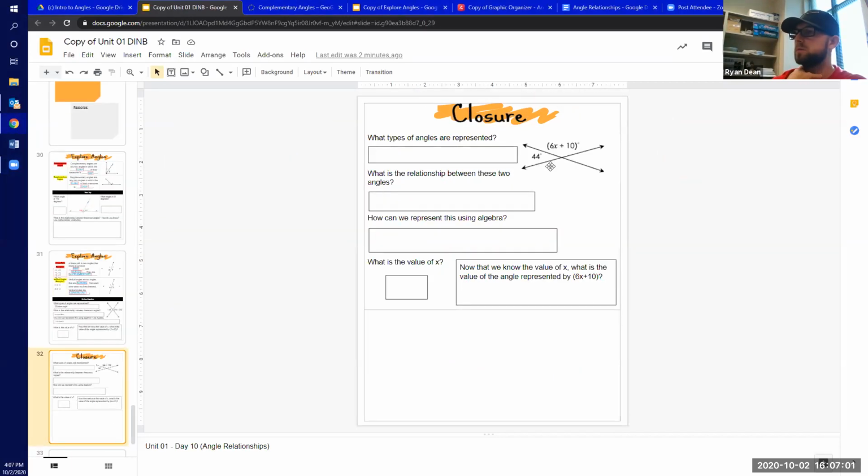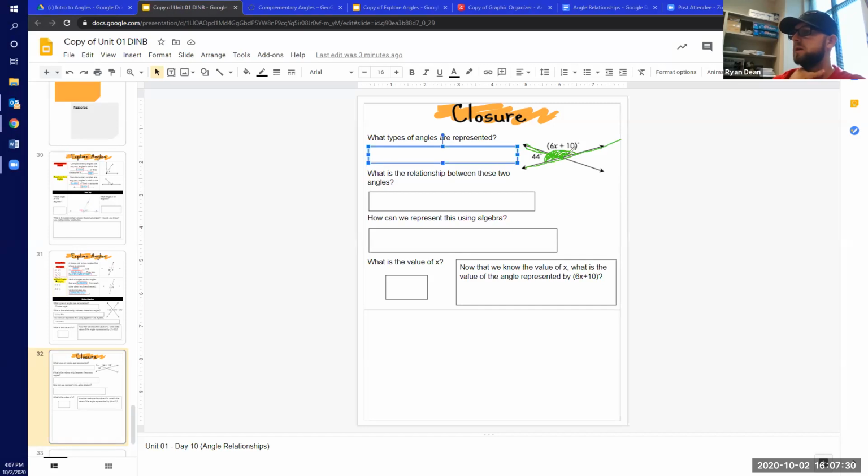So up here on this one, the 44 and the 6x plus 10 are next door neighbors because they both share this side and they both share this vertex. When I add the 44 and the 6x plus 10, I get a straight line, which is right here in green.